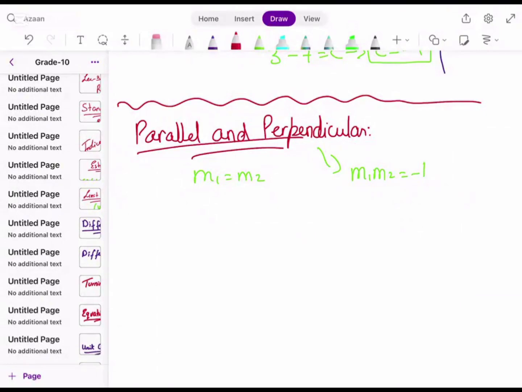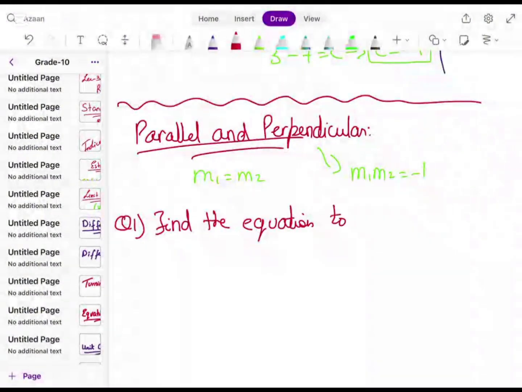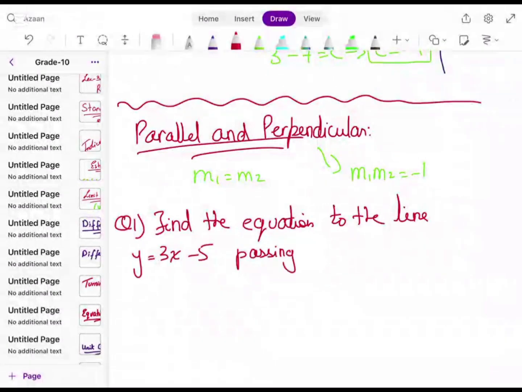Now we'll see the question related to this part. Find the equation parallel to the line y equal to 3x minus 5 passing through 1, 7.